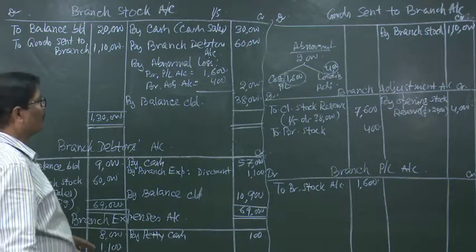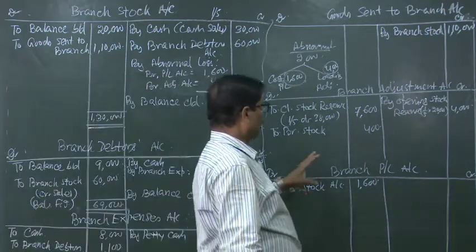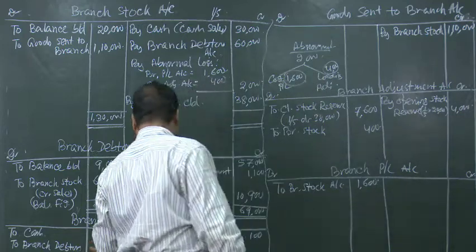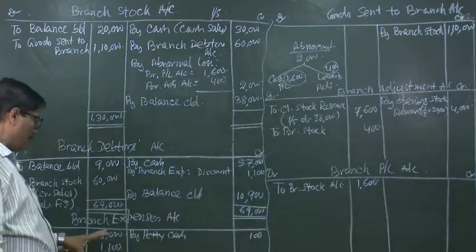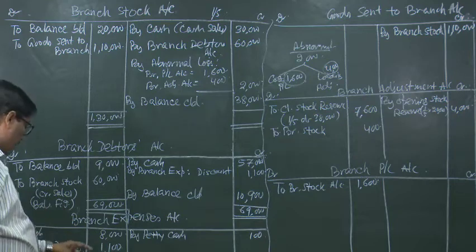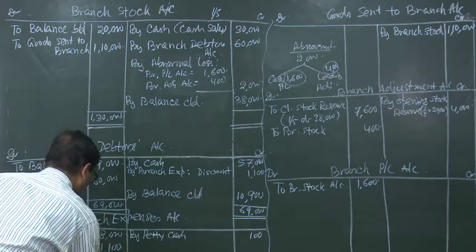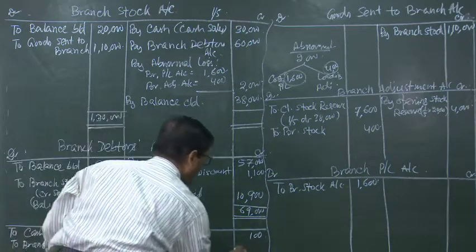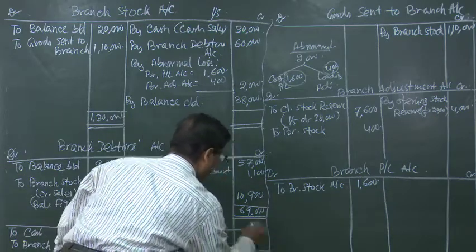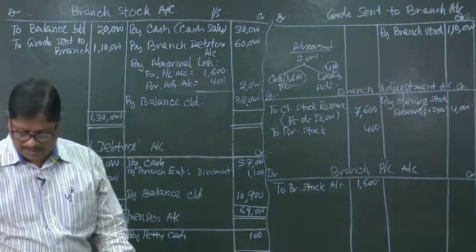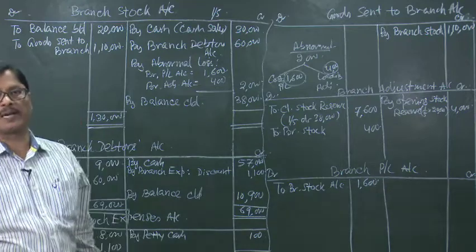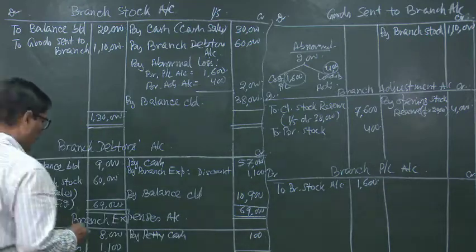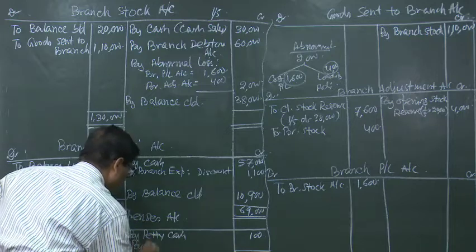Now, we will come to close the branch expenses account. So, whatever remaining amount is there, that is 9,100 minus 100, that is coming to 9,000, will be transferred to branch PL account, because this is the expense in the branch.